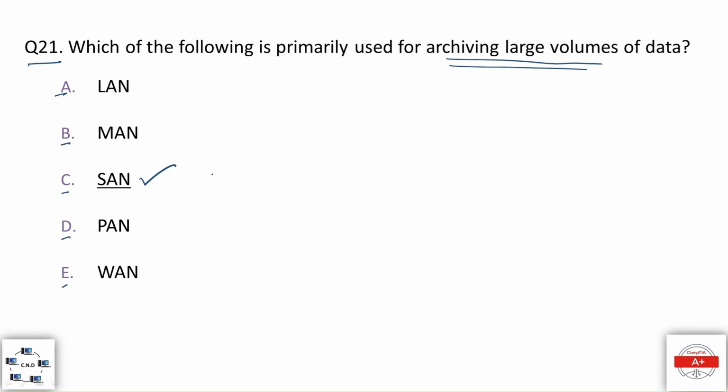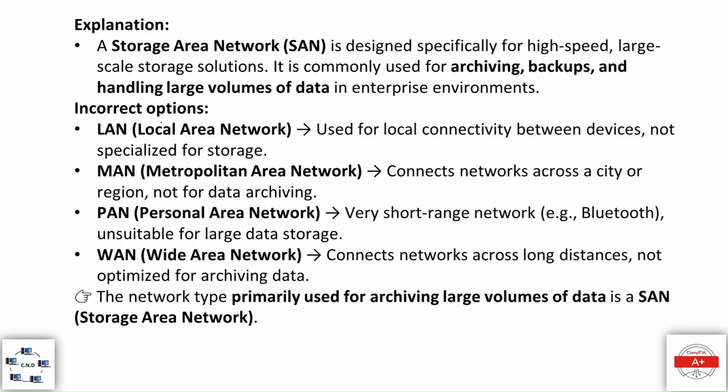It is a centralized storage network connected through high-speed optical fiber cables. The explanation is a storage area network is designed specifically for high-speed, large-scale storage solutions. It is commonly used for archiving, backups, and handling large volumes of data in enterprise environments.